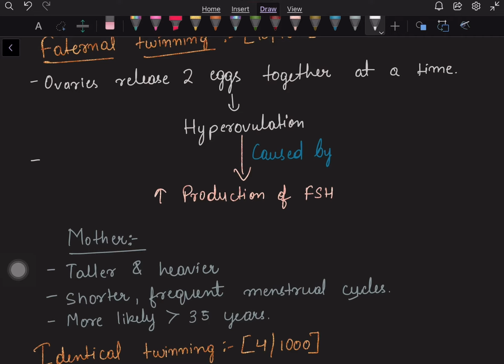When ovulation increases, there will be a release of two eggs from the ovaries. And hyperovulation is caused by the increased production of follicle stimulating hormone. The follicle stimulating hormone leads to hyperovulation, which causes the release of two eggs from the ovaries at the same time.